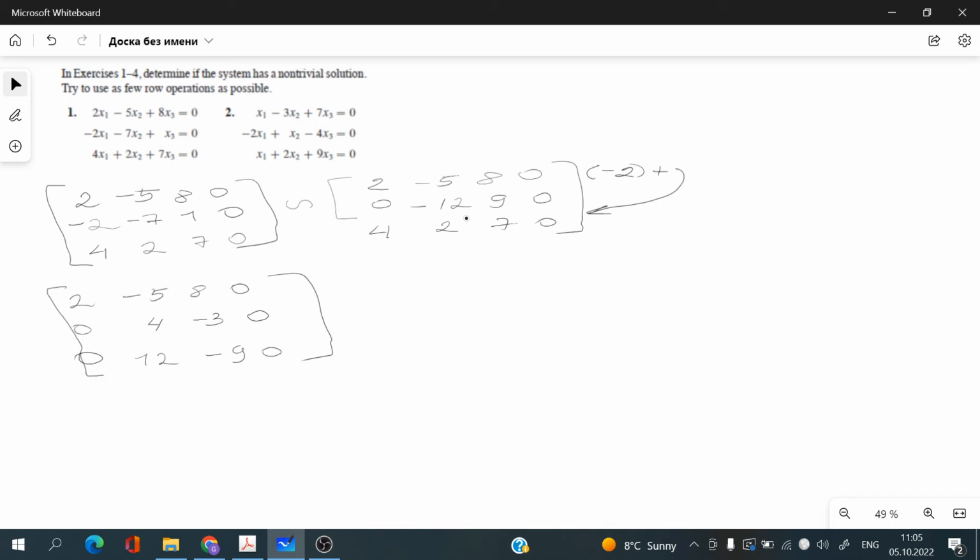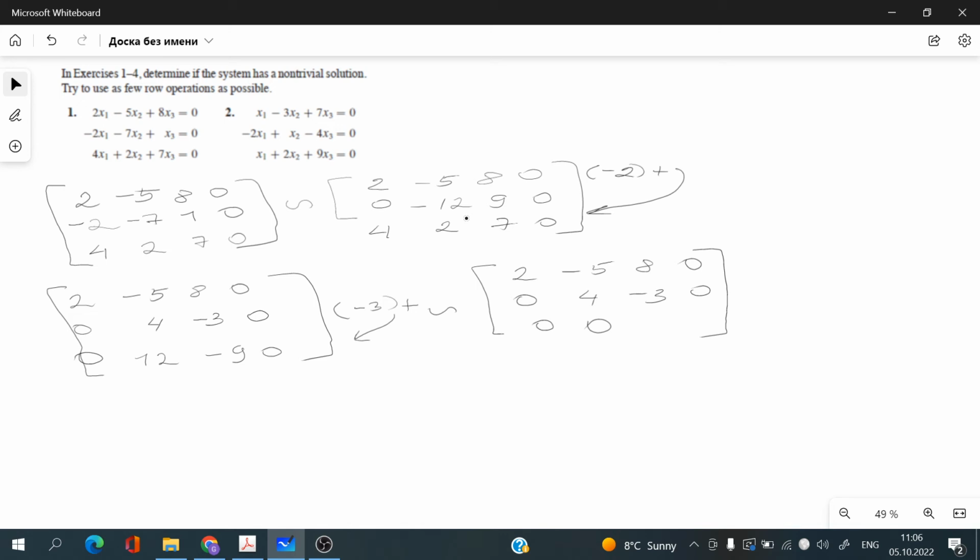And what we notice is that this one and this one will get eliminated here. So let's multiply by minus 3 and add to this row, okay? So what we're going to get is 2, minus 5, 8, 0, then 0, 4, minus 3, 0, and we're going to get 0. 4 times minus 3 is minus 12, plus 12, we're going to get 0 here.